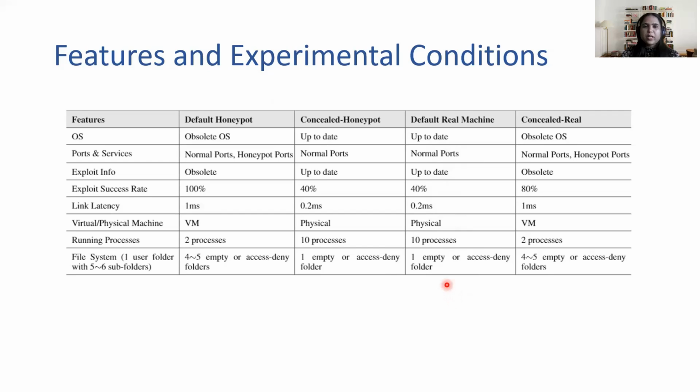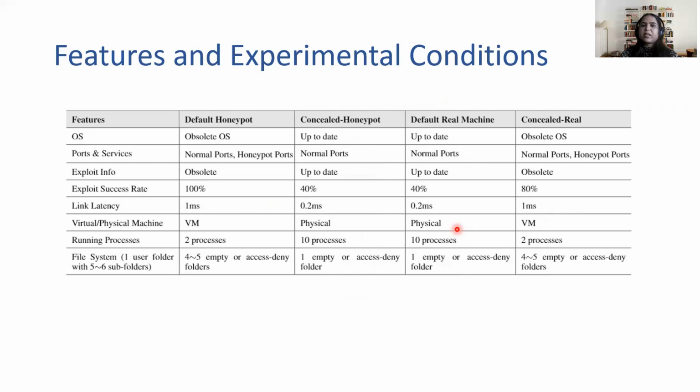So what we did was conceal these honeypot features to make them look like real, and conceal features of real nodes to make them look like honeypots. The concealed real features resemble the default honeypot ones, and the concealed honeypot features resemble the default real.